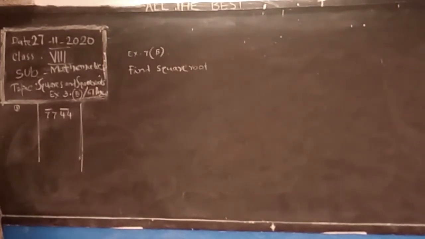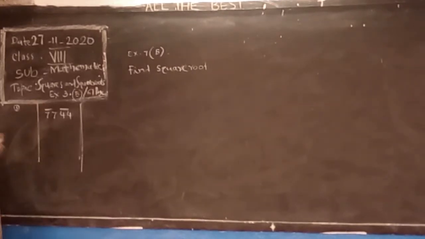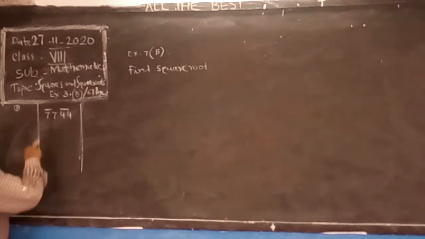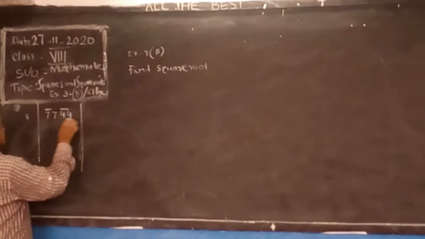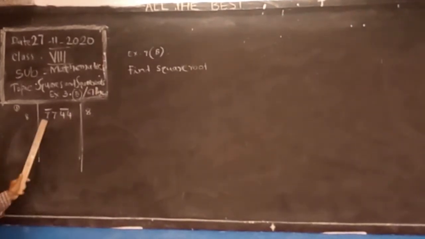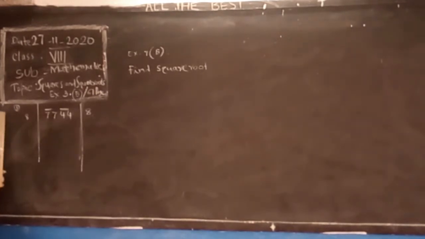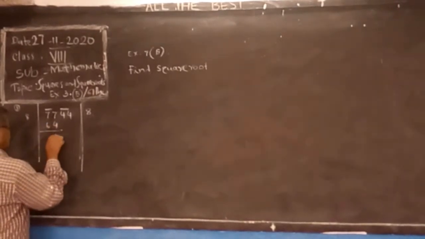In finding square roots, you repeat the same number. If you take 5, again you take 5 only. If you take 7, again you take 7 only. Now it is divisible by 8. 8 eights are 64, 9 nines are 81, not going. So it is possible with 8. 8 eights are 64, remainder 13.